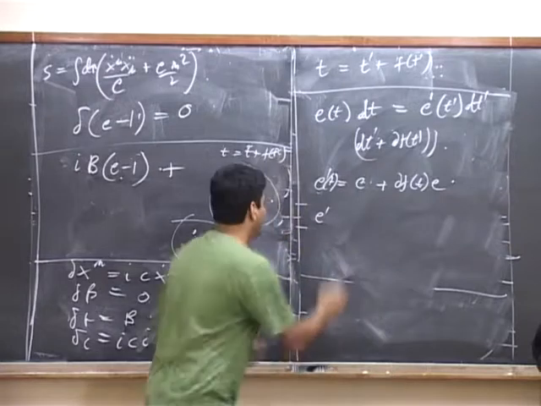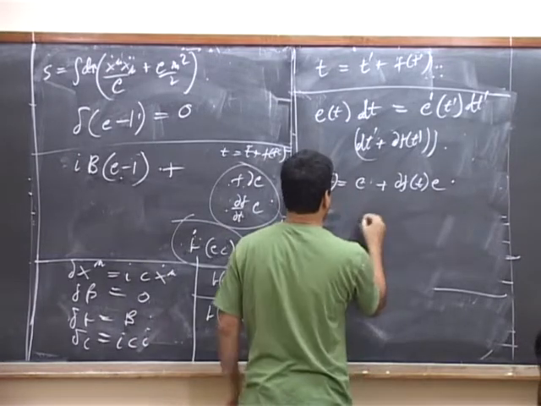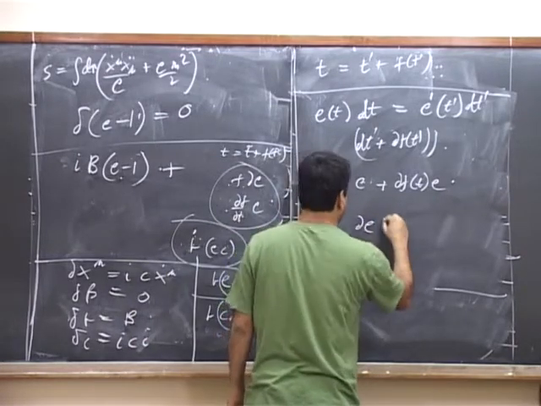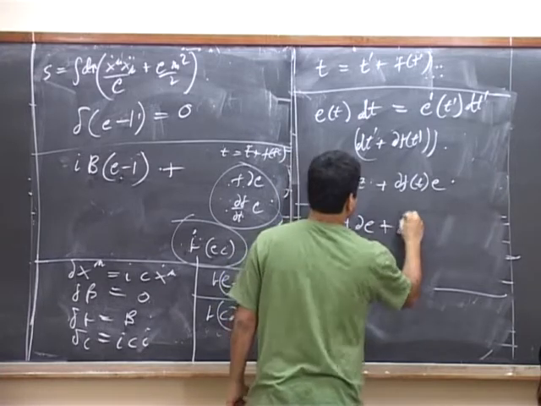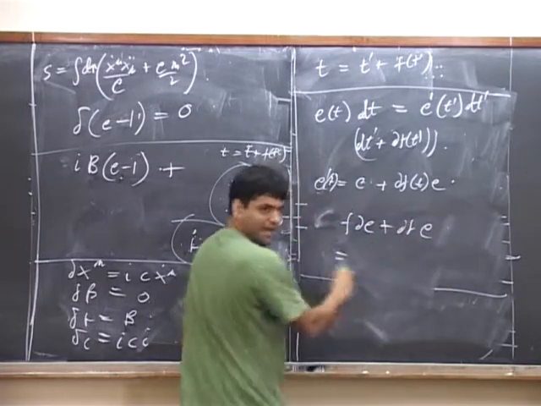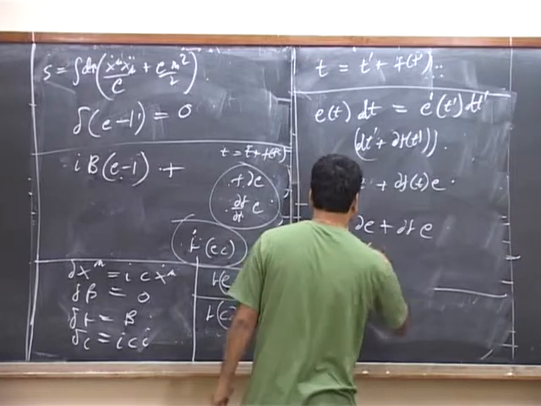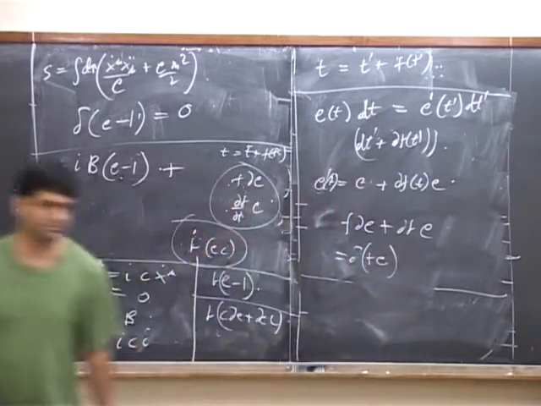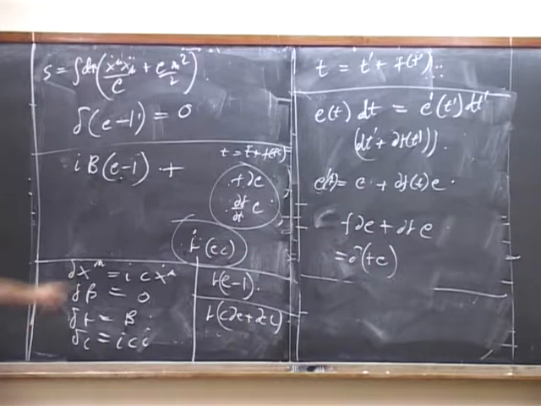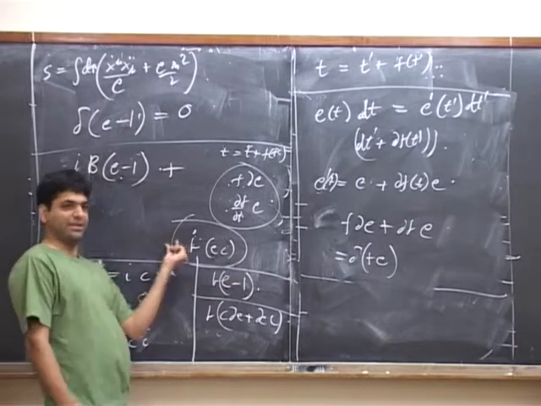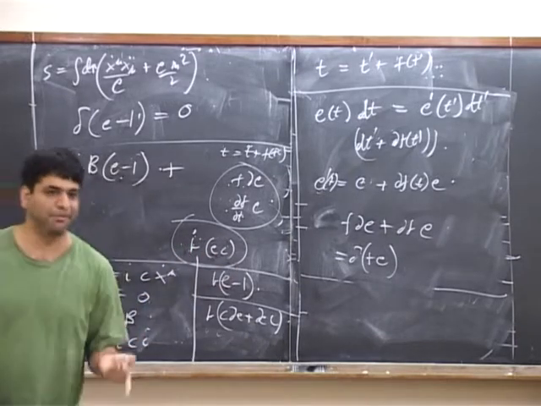Exactly, the other term is del E times F, which you can write as del of F times E. Yeah, so that's what I was writing here, and then integrating by parts. I think it's probably just that.